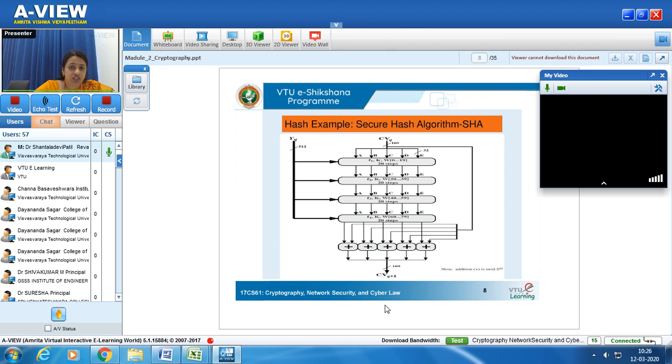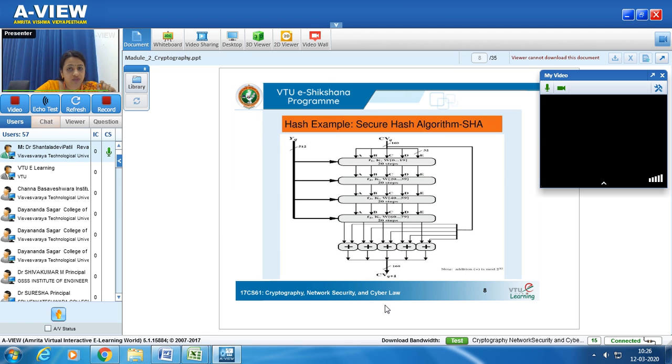Along with that we have a constant k, which is the same for the first 20 rounds, and then we have a word W. We apply words W0 to W19 for the first 20 rounds. Then moving further, we apply the function f2, a new constant k2 for the next 20 steps, and the words from 20 to 39 from the array.